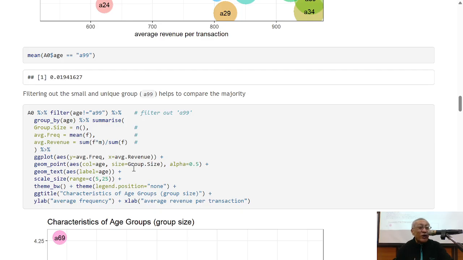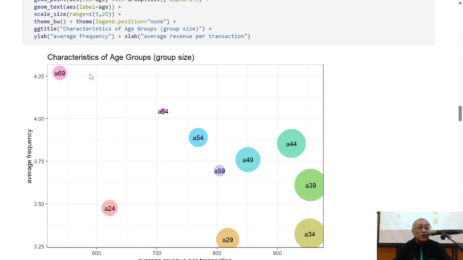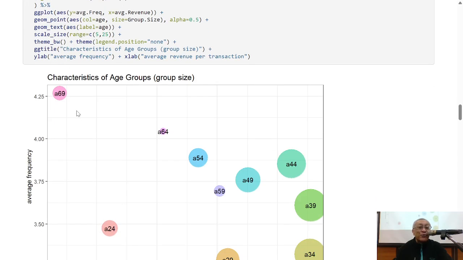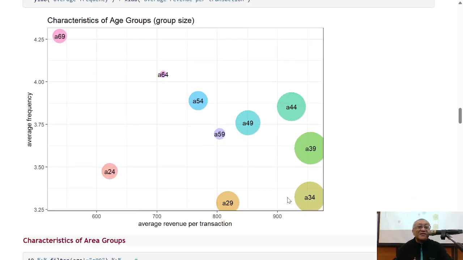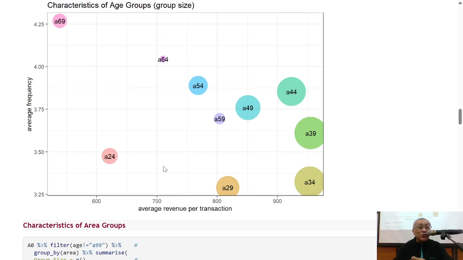So this is the way to use the geom point, the scatter plot, the bubble plot, to compare. The bubble plot has the size, you can have the color, and you can have the X coordinate and Y coordinate, right?